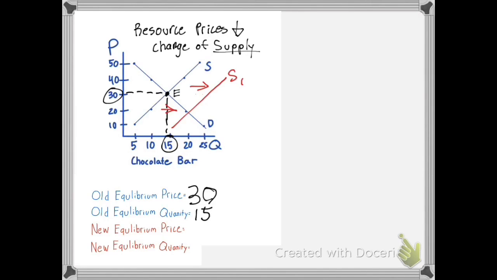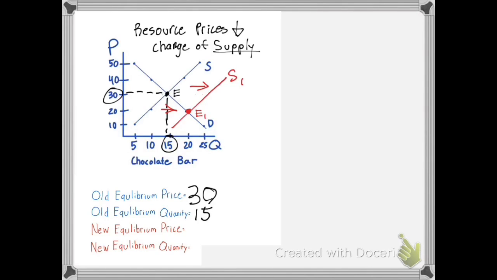So right here would be the new equilibrium point, and we found that by just doing the same thing we did for the last one. We just get the point where the two lines touch, the supply and demand.